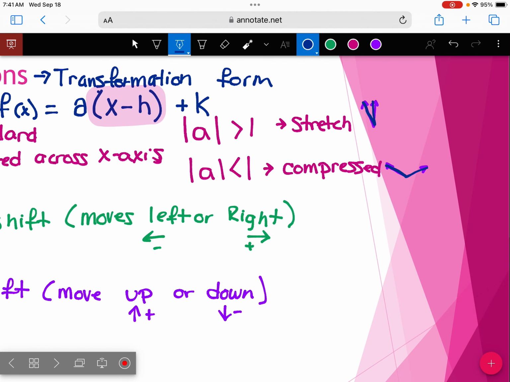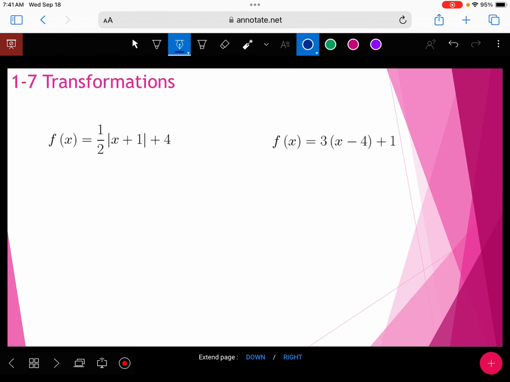So what we're going to start with is we're going to be finding these numbers. We're going to figure out what A is, what H is, what K is, and saying what they mean. Then we're going to use them. So, starting with equations. I'm giving you equations. We're going to look at these, and we're going to figure out what A is, what H is, and what K is, so that we can figure out what transformations are happening.